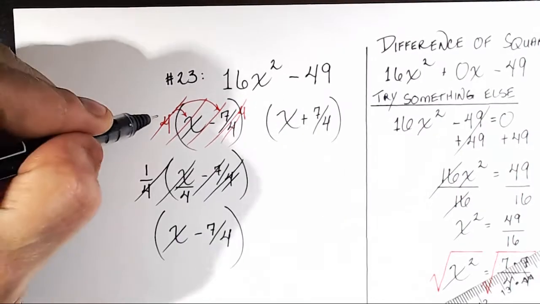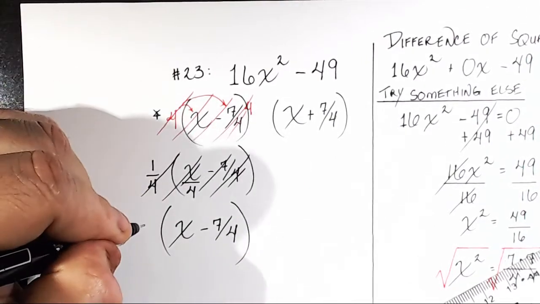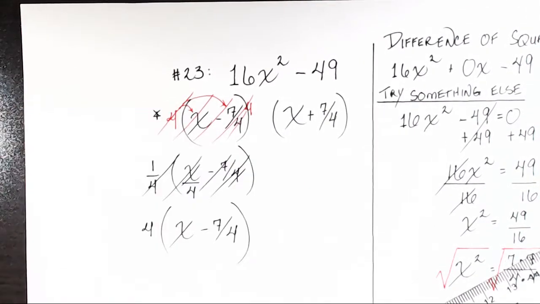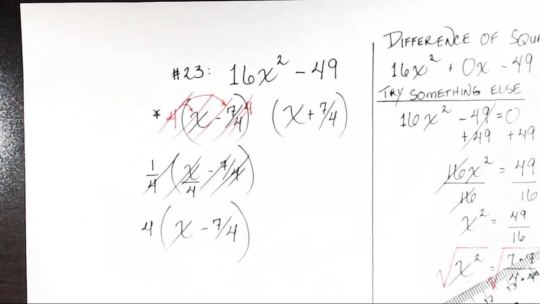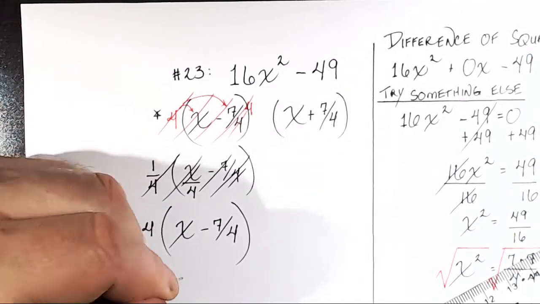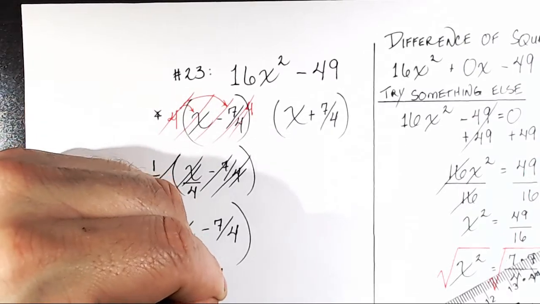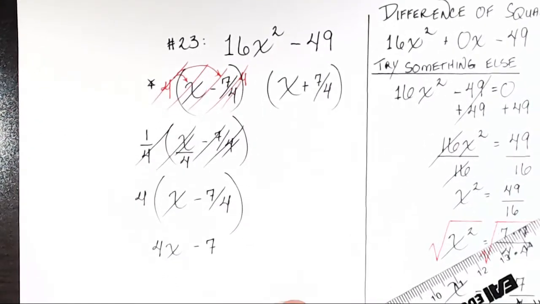Right? What if, let's go back up here, okay? What if I multiply this equation by 4? Can I do that? If I do that, I'll have 4x minus 7. That's something I can do.